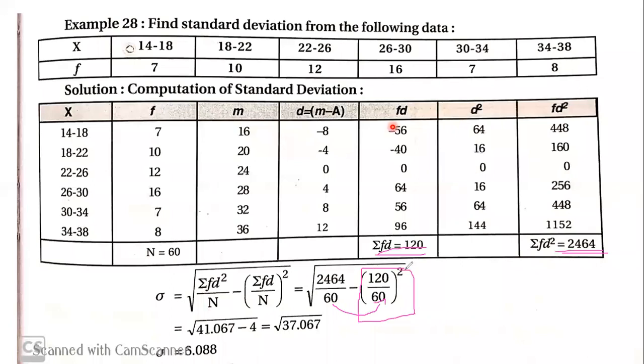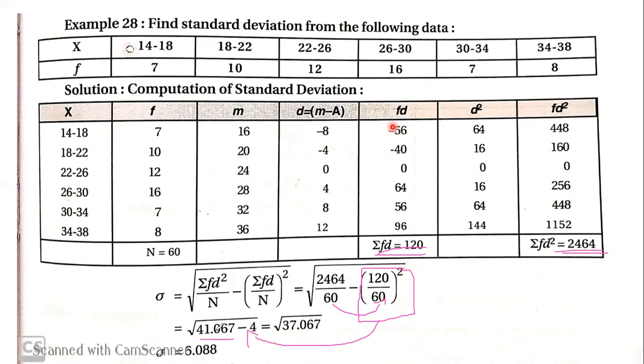Now the next step, square root of 2464 divided by 60 will give me 41.067, minus 120 by 60 whole square. This complete expression will give us the result of 4. The total result is 4.